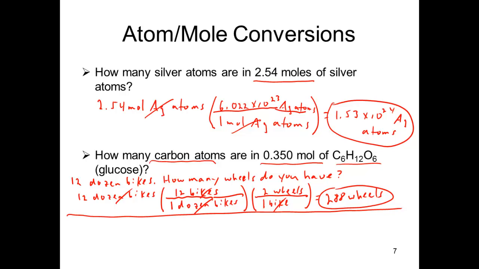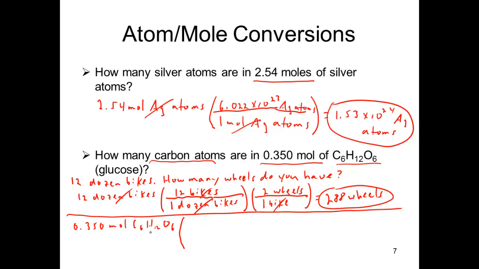Above problem. I don't have a dozen bikes, but I do have 0.350 moles of glucose. So remember, a dozen is just a number, and a mole is just a number. It's just a bigger number.